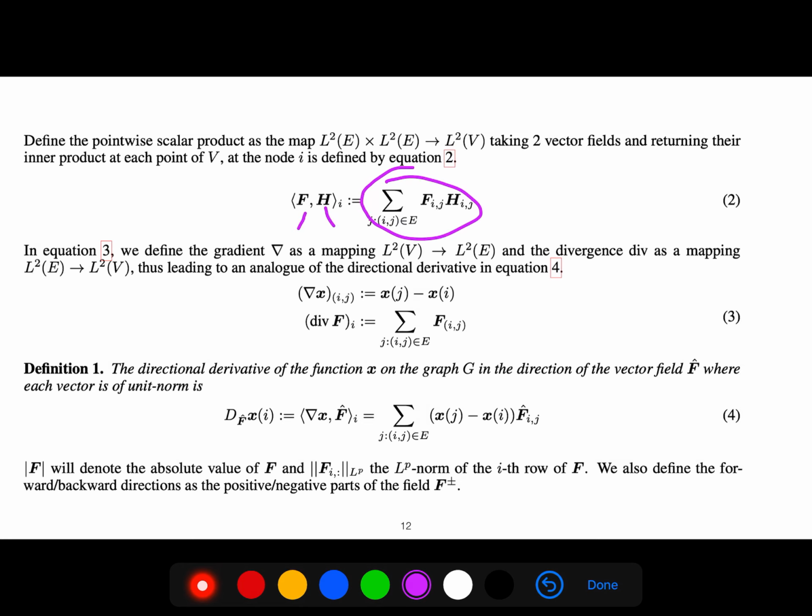So we define the gradient as a mapping, thus leading to an analog of the directional derivative in differential geometry. So the directional derivative of function x on the graph in the direction of the vector field, where each vector is of unit norm, is this.